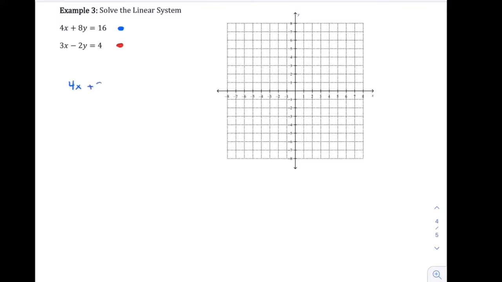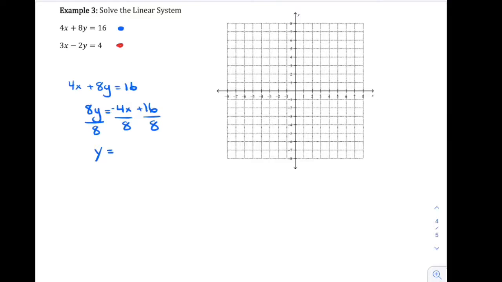a little different because there's a coefficient on top of each variable. But same idea, I'm going to isolate y. I'm going to take 4x and move it to the right side. 8y is equal to negative 4x plus 16, and divide everything by 8. We're going to get y is equal to, now I have negative 4 over 8.